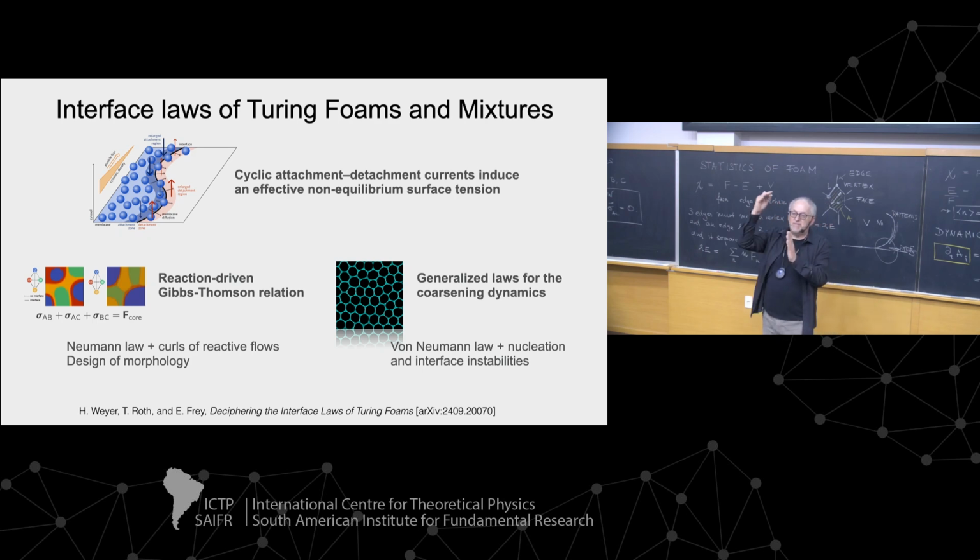You multiply by a time, you get micrometer squared. You take the square root, you get a length. So you can tune the width, therefore the interface tension, by changing the diffusion coefficient.